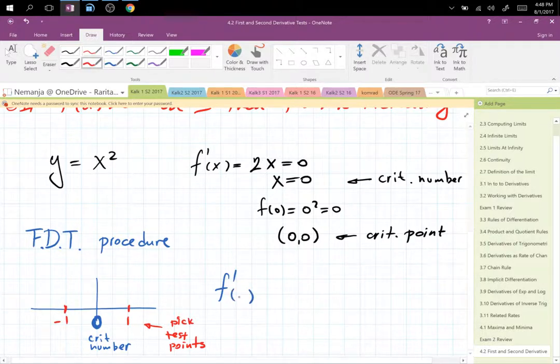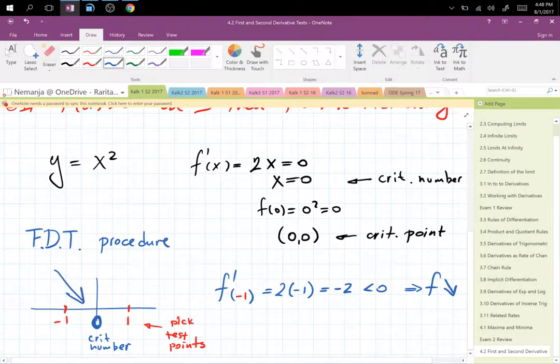So we have a test point -1, which gives us 2 times -1 equals -2, less than 0, meaning the function is decreasing. You draw a decreasing piece above -1 because the function was decreasing. And then you do the same thing for +1. So you pick any test points in those regions. And now you get larger than 0, which implies that the function is increasing.